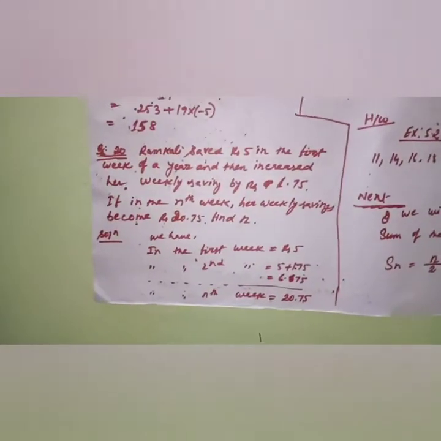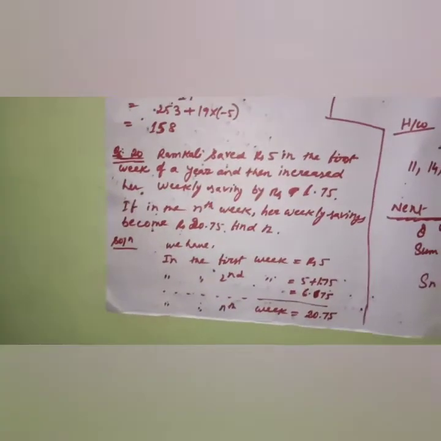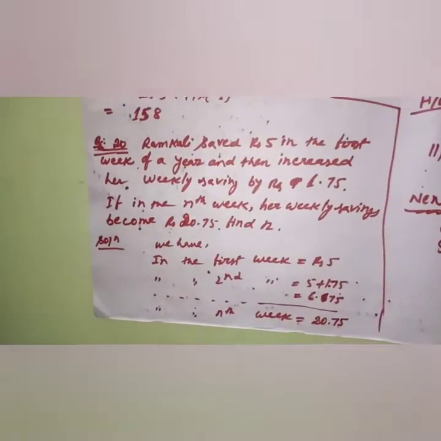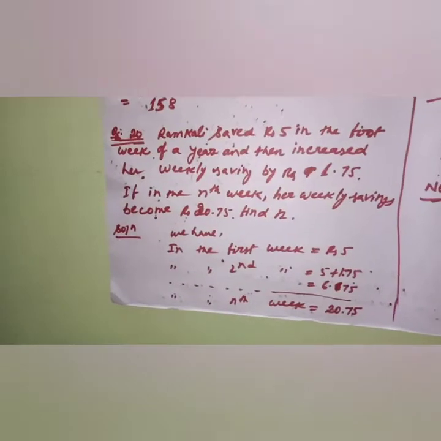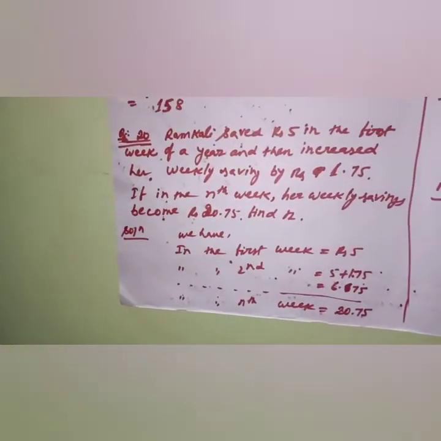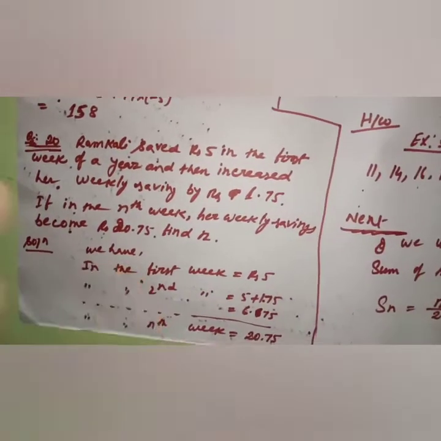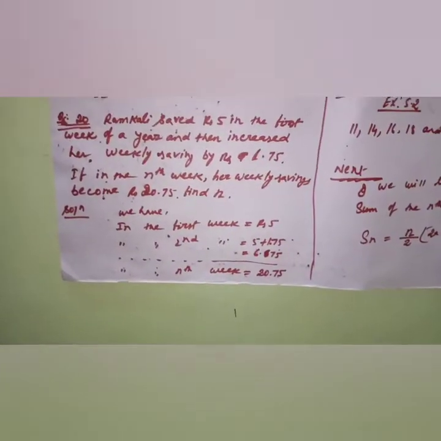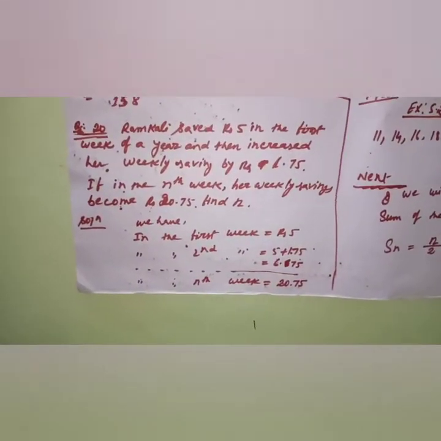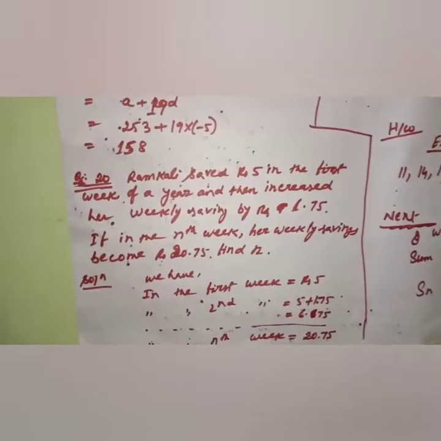And at one time it will come that she saves 20.75. You have to find out which week. First week rupees 5, second week 6.75. Then in which week will she save rupees 20.75?